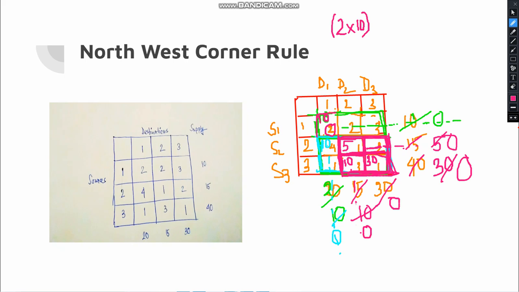In the next part we have allocated 10 units, and the cost of transportation for a single unit is 4, so the total cost will be 4 into 10.